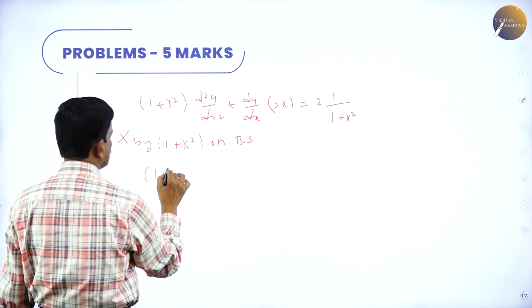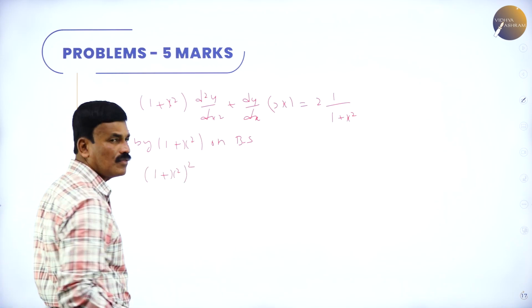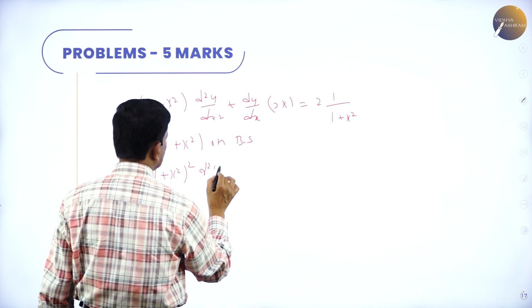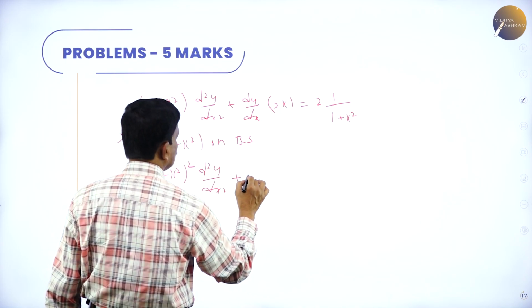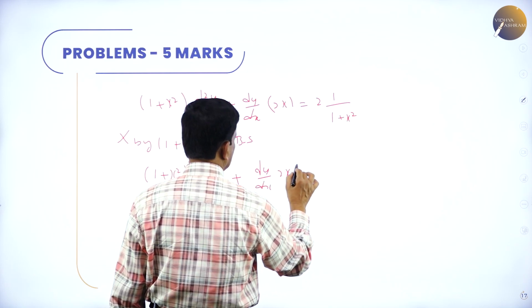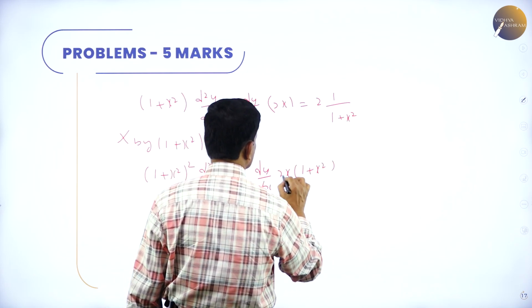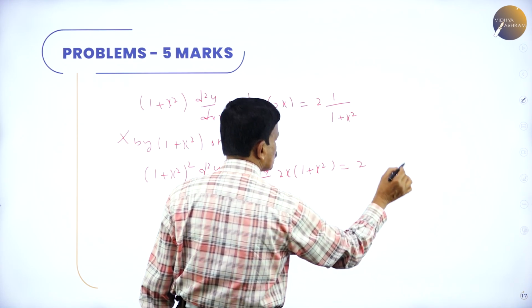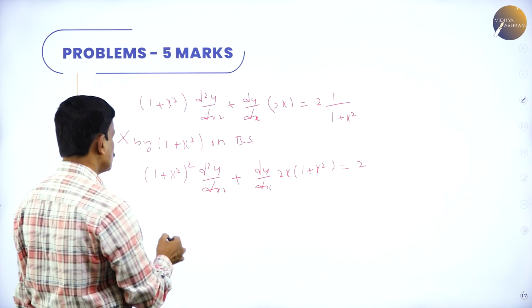So what happens, 1 plus x square into 1 plus x square is (1 plus x square) whole square into d square y by dx square, plus this is dy by dx into 2x into 1 plus x square. 1 plus x square, 1 plus x square gets cancelled, 2 into 1 is 2. So put it in order.